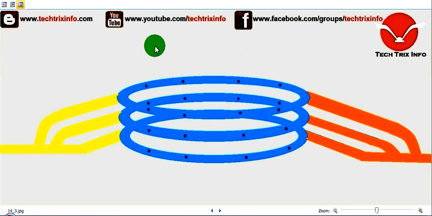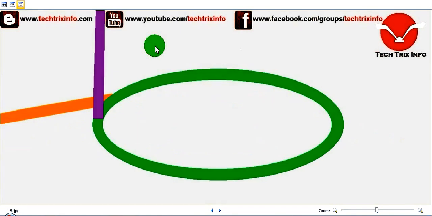So what happens is that they attain a speed of 91.6 percent, and then it moves towards the next stage, which is called the proton synchrotron. So this is how it enters the proton synchrotron.